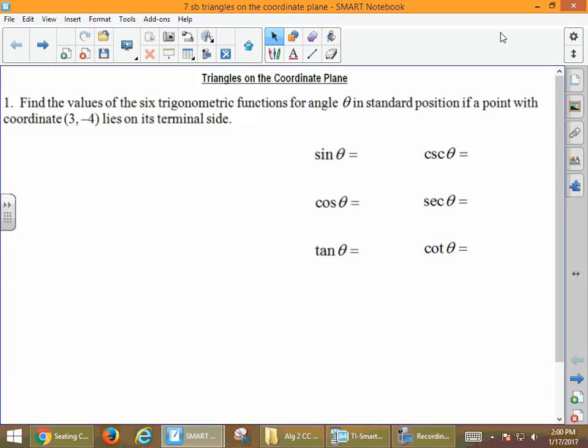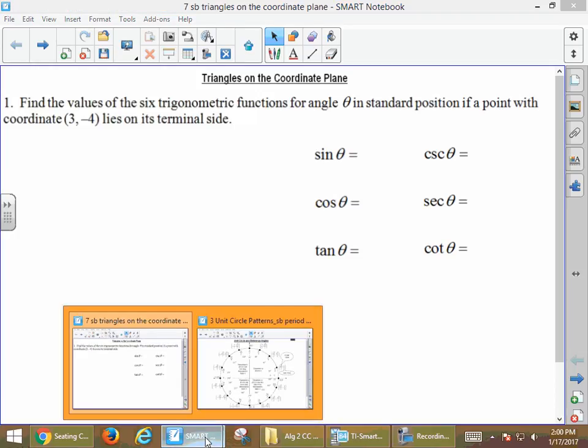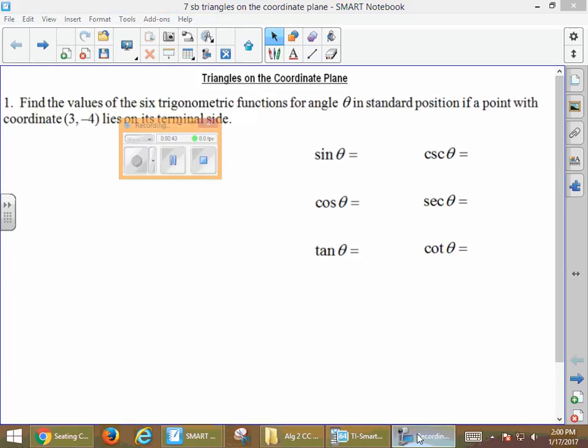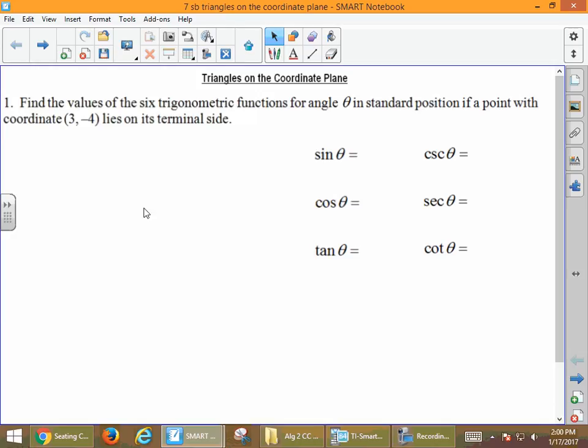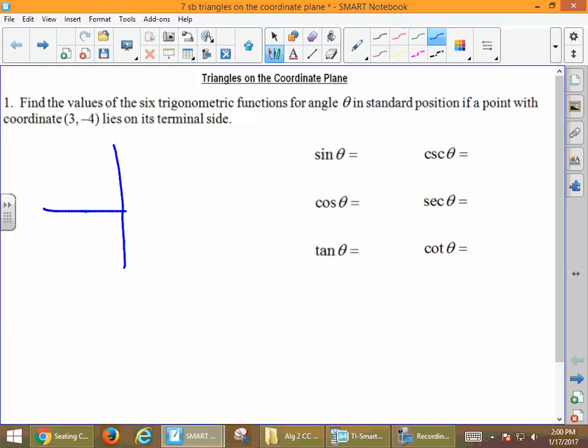But let's start by drawing a picture. So we draw our coordinate plane, and hopefully yours looks better than mine.